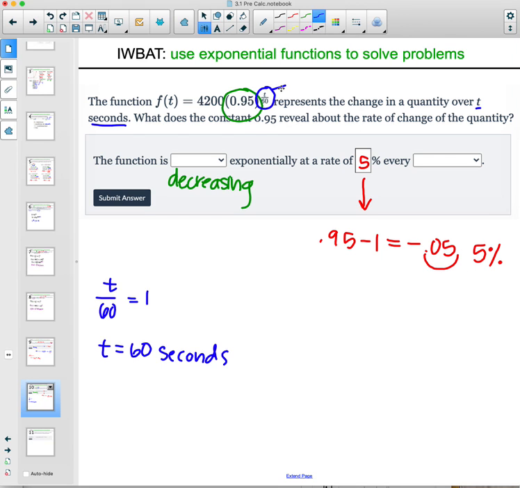So when you can get this to equal 1. If t is seconds, then every 60 seconds. So either there's going to be an option here that says 60 seconds, or more likely 60 seconds is 1 minute. So every minute, this is going to decrease by 5%.